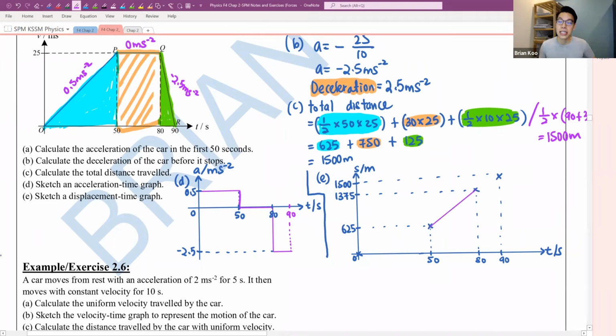When I say consistently, it's because it is a rectangle. So every time you add a certain distance, let's say 50 to 60, this distance, and then you add on this distance, add on this distance. It is the same value on each block. You're adding up the distance consistently. That's how you reach from 50 to 80.